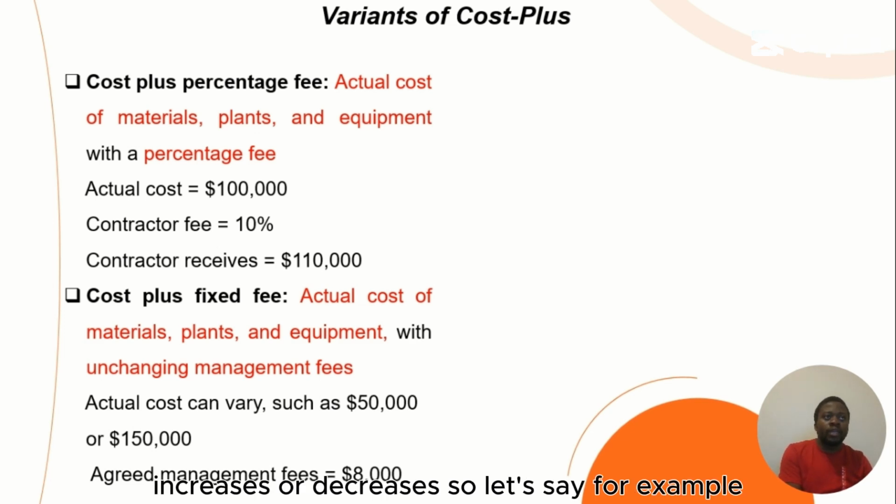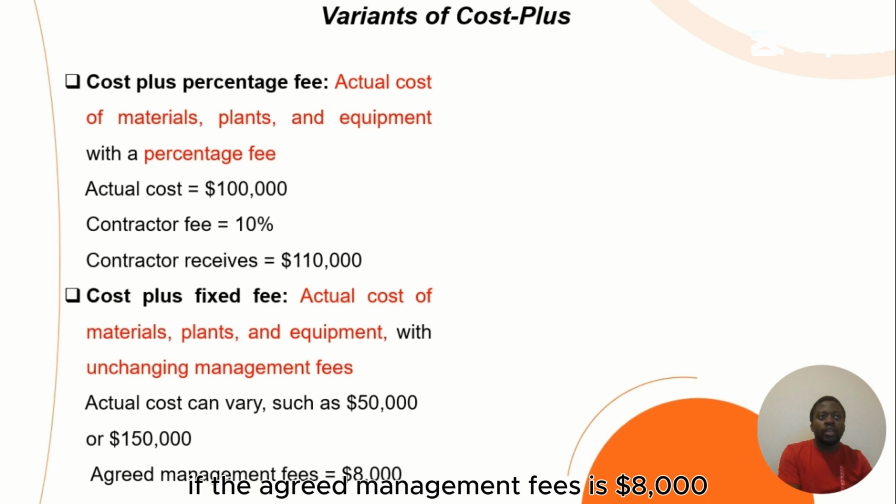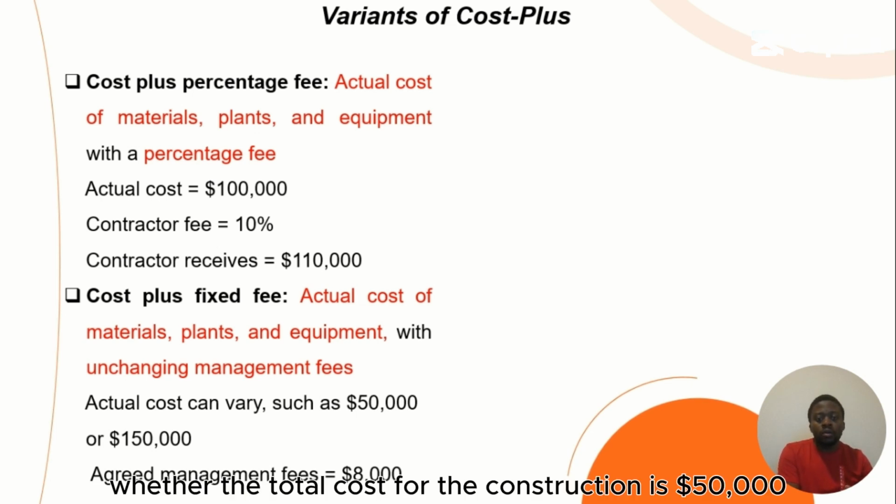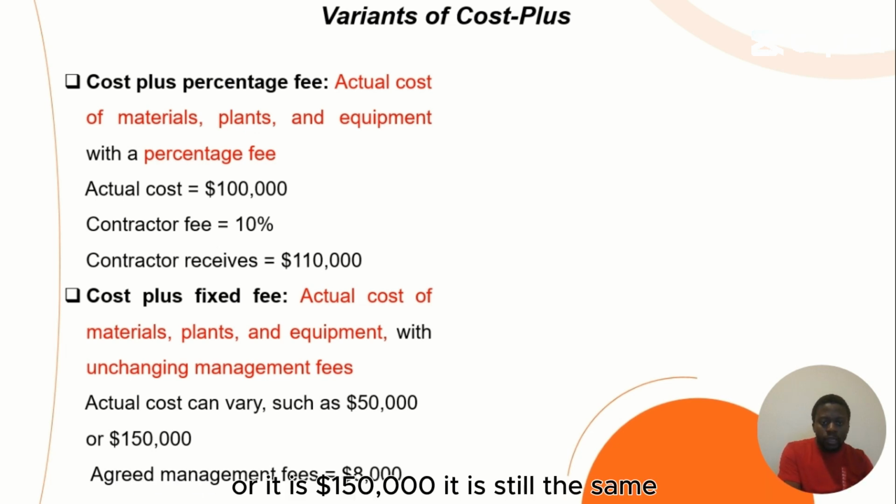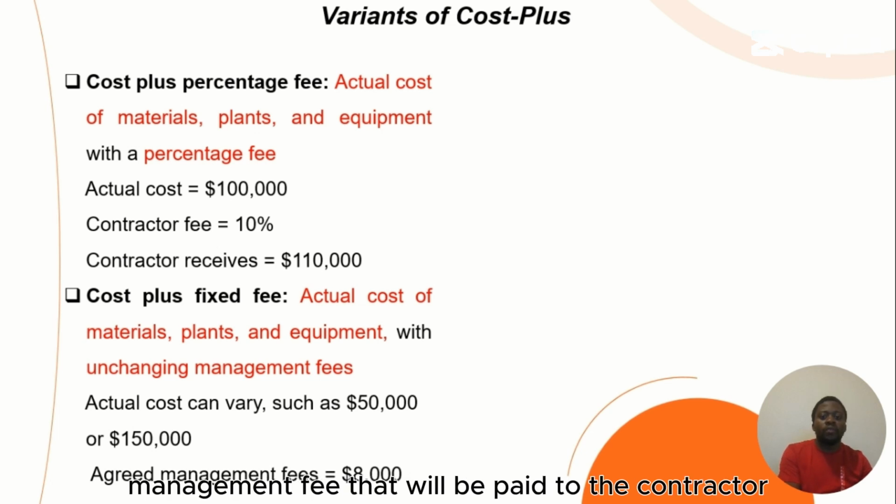So let's say, for example, the agreed management fee is 8,000. Whether the total cost for the construction is 50,000 or 150,000, it is still the same management fee that will be paid to the contractor.